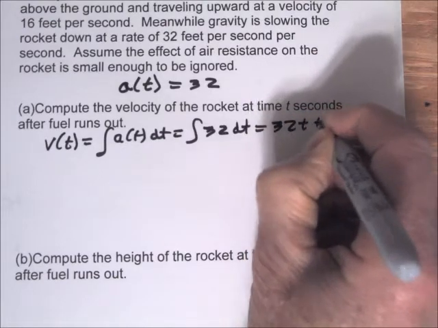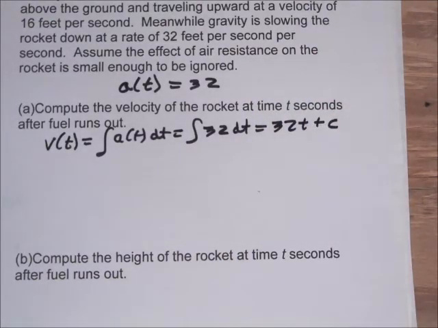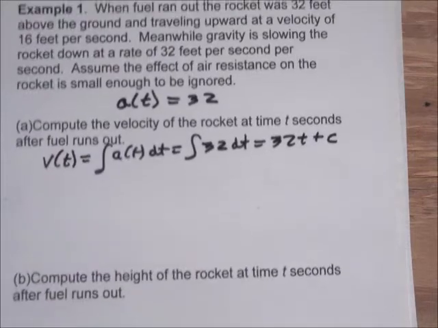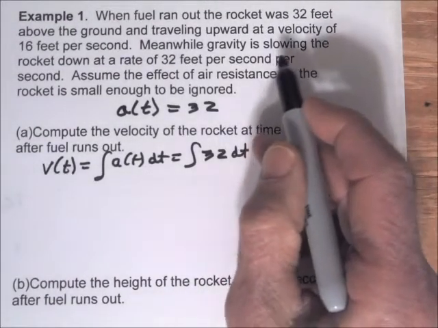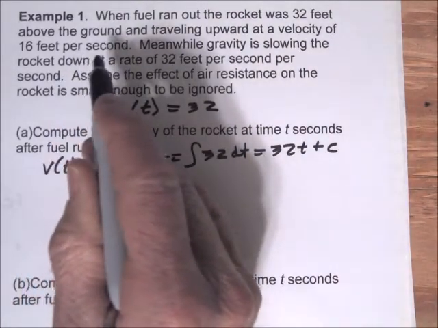and that's going to be 32t plus a constant. Then we want to figure out what value of this constant will satisfy the initial condition, which was that the initial velocity was 16 feet per second.